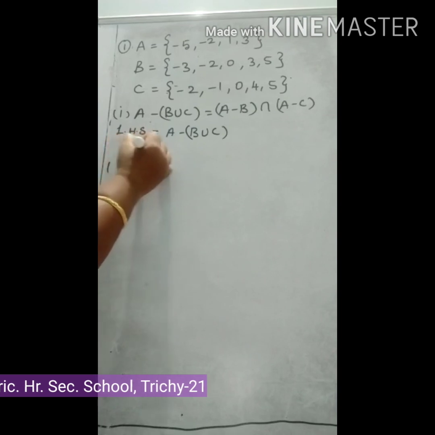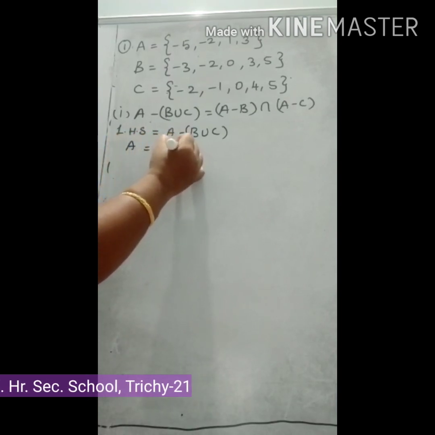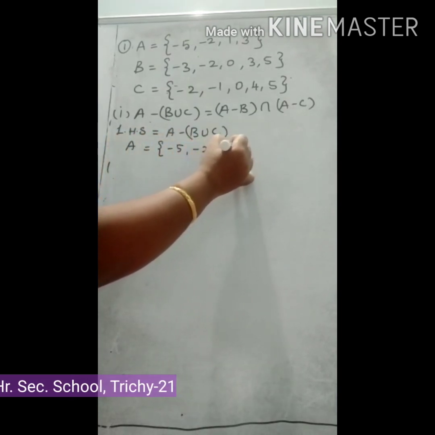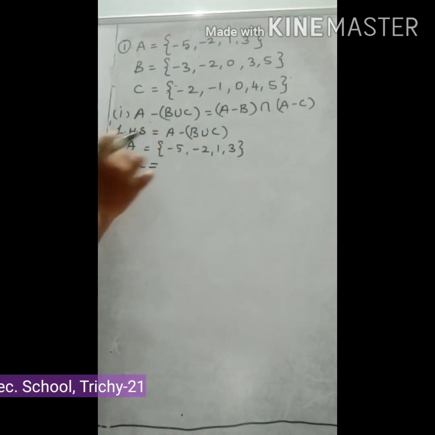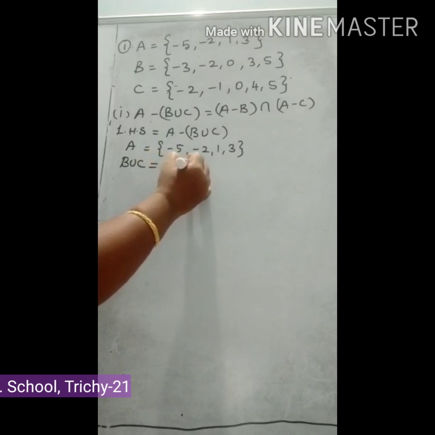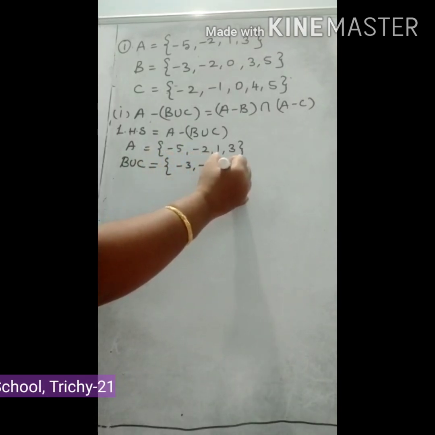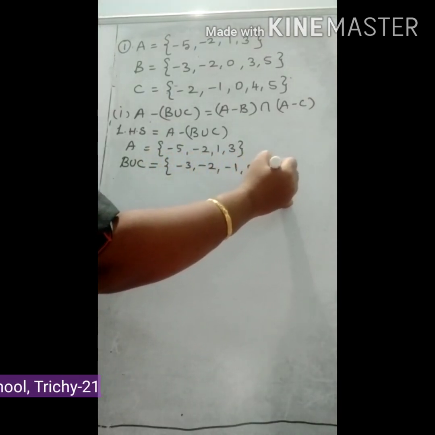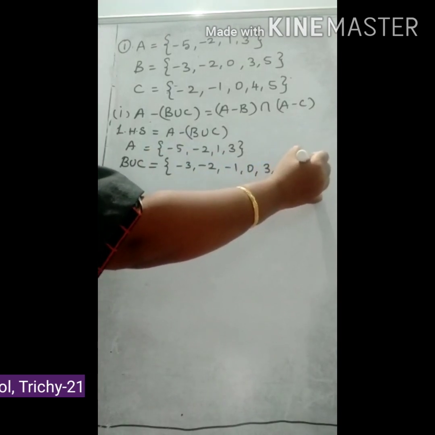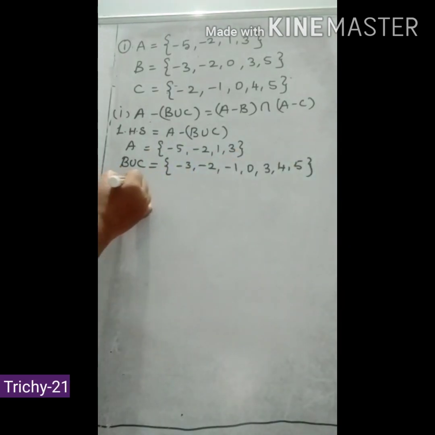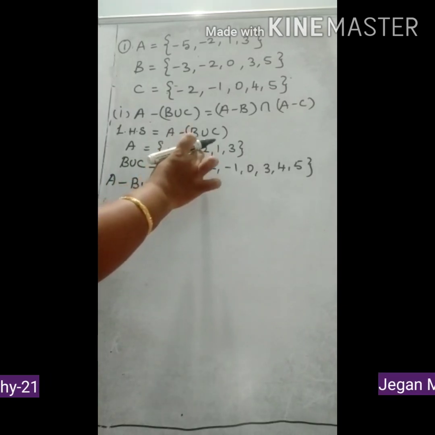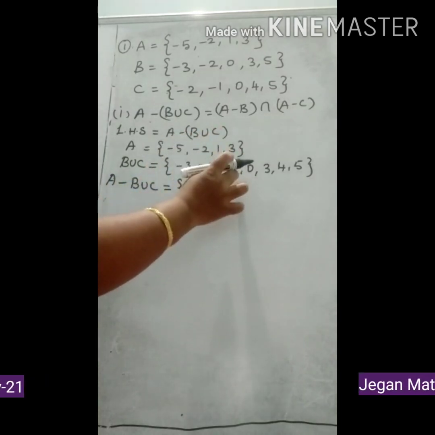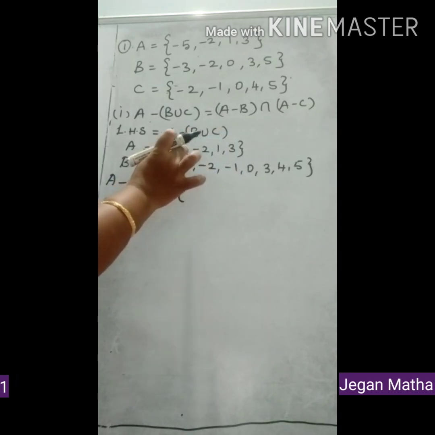So what is A? A is equal to {minus 5, minus 2, 1, 3} and B union C is equal to {minus 3, minus 2, minus 1, 0, 3, 4, 5}. So, A difference B union C: you have to take the common elements of these two sets and exclude them.